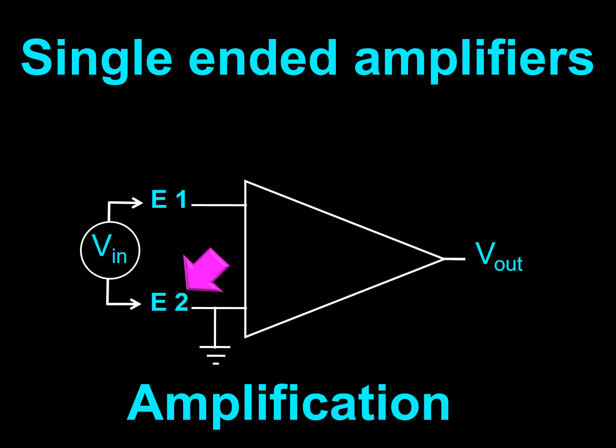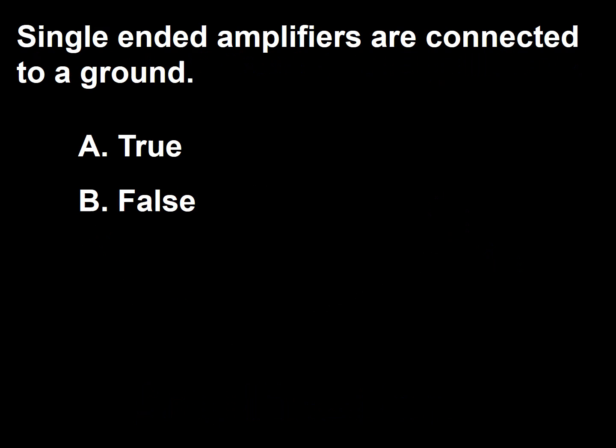This electrode, by virtue of its connection to ground or to a neutral point, represents an electrical neutral area or a mathematical zero. Single-ended amplifiers have an output voltage that is also given in relation to the ground or electrical zero. I have omitted this element in this frame. So the answer to this question is true.